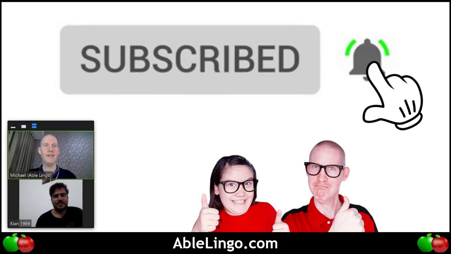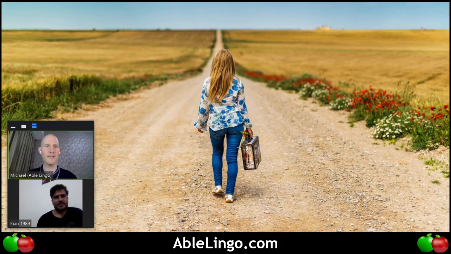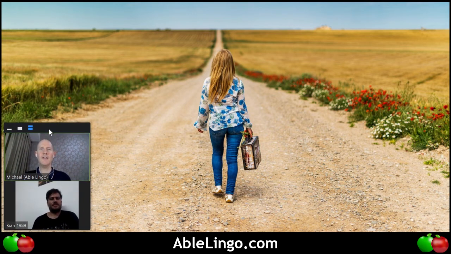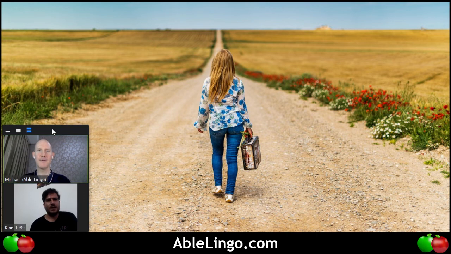And this is the picture. All right. So, what do you think, Kian? How would you summarize this picture? What do you see? I can see a woman carrying a suitcase along a very straight road, and on both sides of the road there are farms.